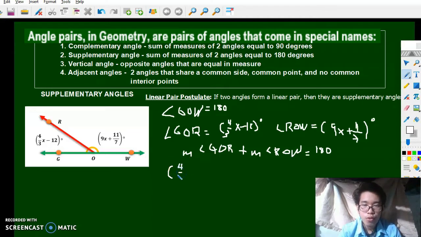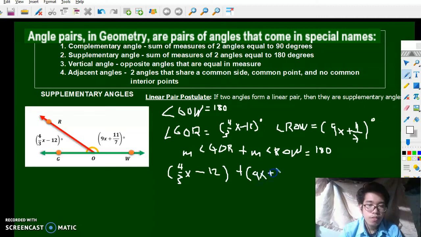So we have 4/3 x minus 12. We always have to use parentheses so we won't get confused on what to add or subtract. Then we have (9x plus 11) over 7 degrees.